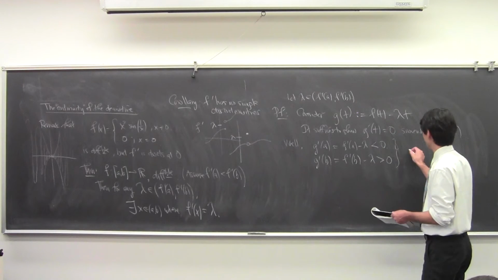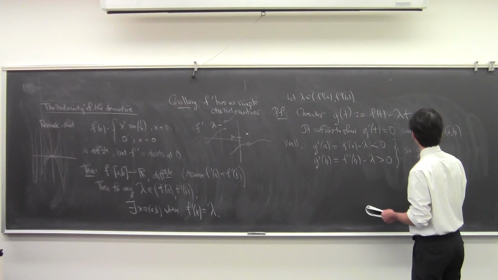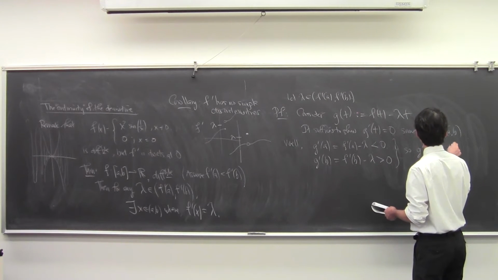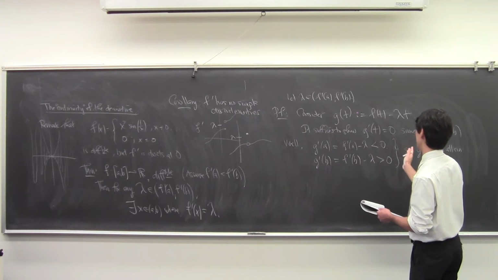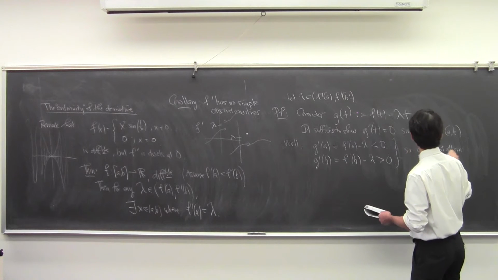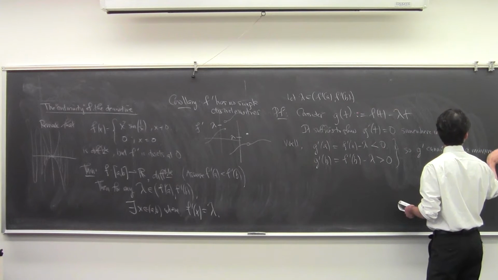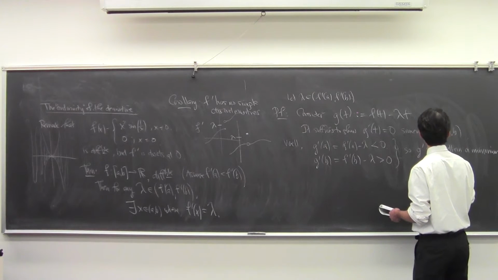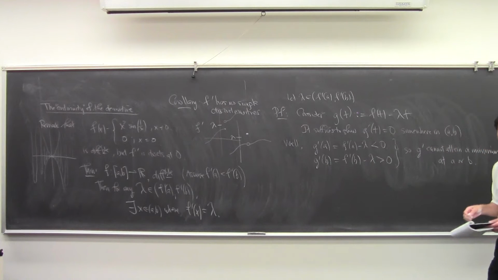Instead, we're going to say, so g prime cannot attain a minimum at a or b. Right? It doesn't attain its minimum at the endpoints.